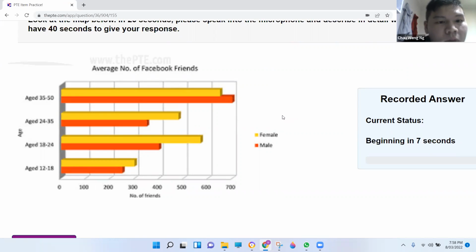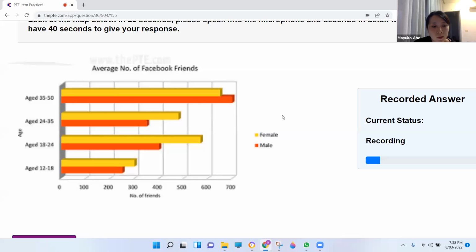The picture describes about average number of Facebook friends. It also provides some information about different categories such as age 35 to 50, age 24 to 35, age 18 to 24, and age 12 to 18.